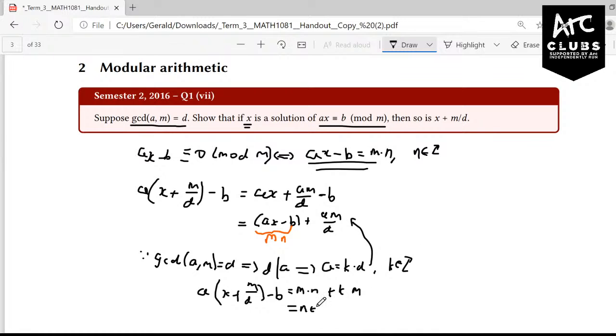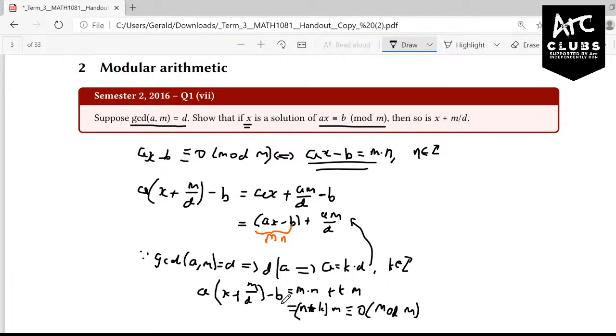Yeah. So that means M plus K times M, but that is also congruent to 0 mod M. Right?